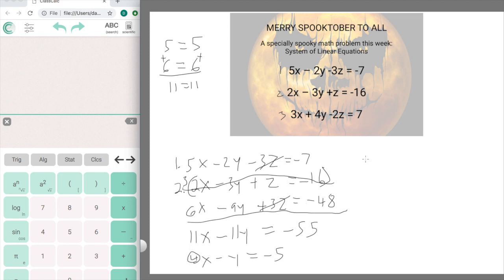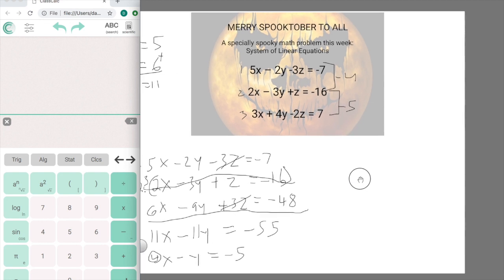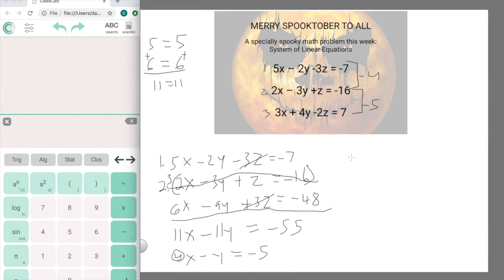Next, that was these two, right? It gave us 4. Now we're going to use these two to give us equation number 5 and apply the same elimination pattern. So we've got 2x minus 3y plus z equals negative 16, and 3x plus 4y minus 2z equals 7. Again, we're going to go ahead and multiply this one by 2.